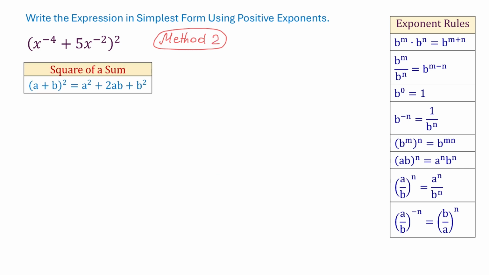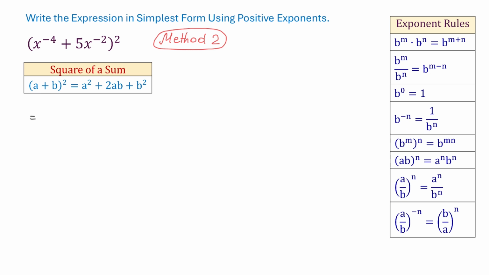With the second method, right from the start, we see that we have a sum raised to the second power. Then according to the square of a sum formula, first we will raise x to the negative fourth power to the second power, and when we do that, according to the power rule, we will multiply the exponents.